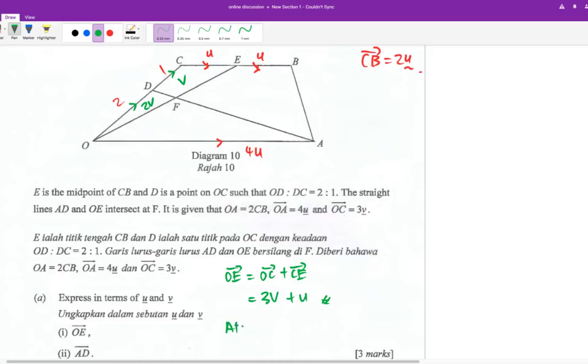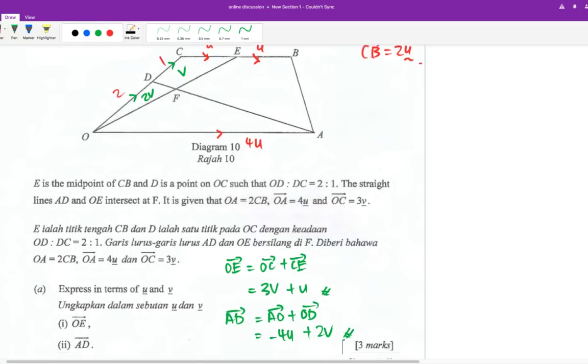And then you want to find the AD. A to D, I will say it is AO plus OD. AO is the opposite direction, so it will be negative 4U. OD is just 2V plus 2V. So this is negative 4U plus 2V.